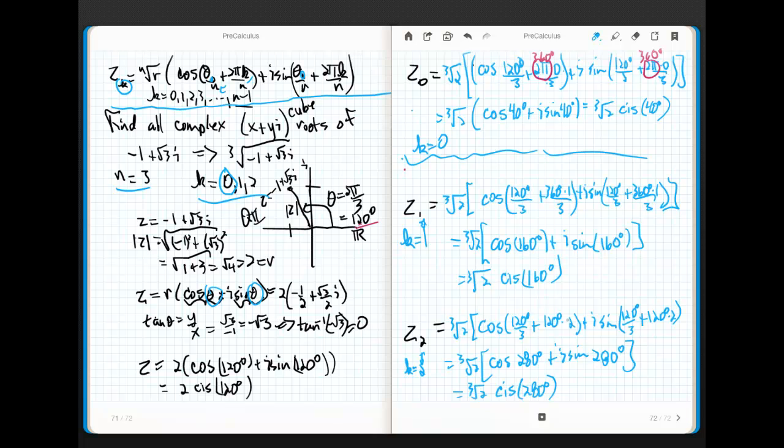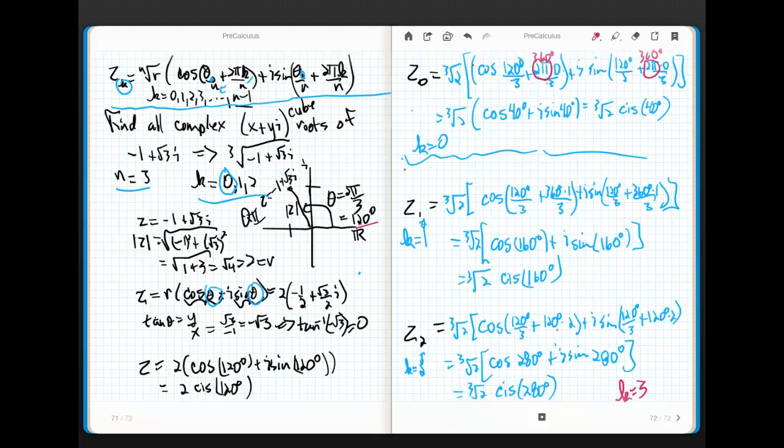Now, watch real close what happens if I let k equals 3. If k equals 3, let's do this in red. I'm not actually going to go into the whole thing. But if k equals 3, then I'm multiplying 120 times 3, which is 360.